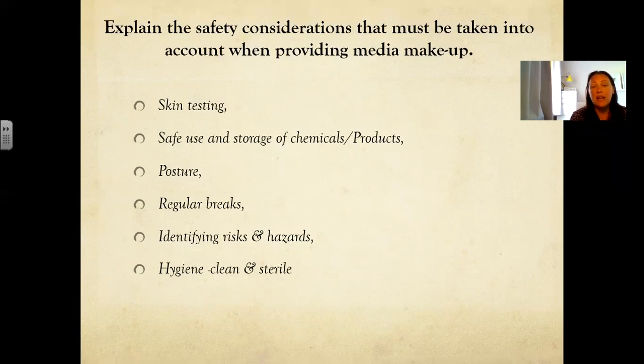Okay, so there's some of the elements that I need you to look into. They're the key things that you need to make sure you're upholding, but obviously I want you to research that a little bit more as well.